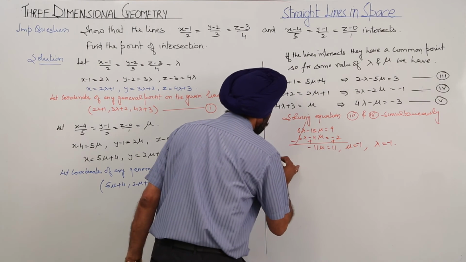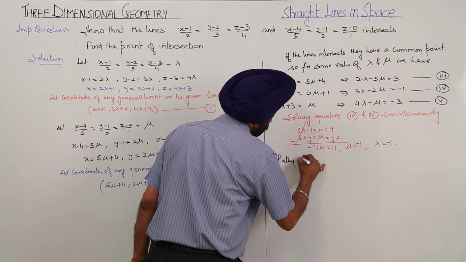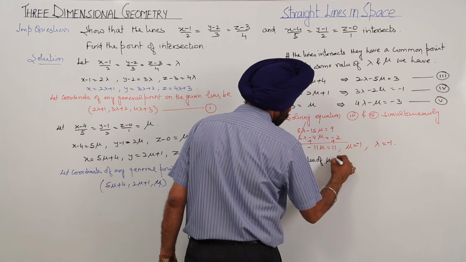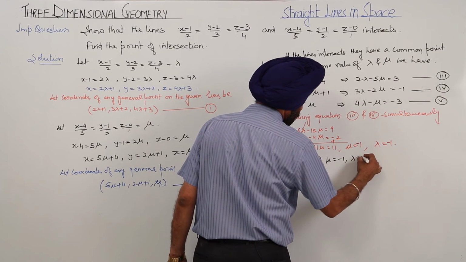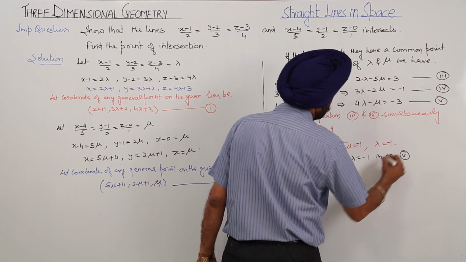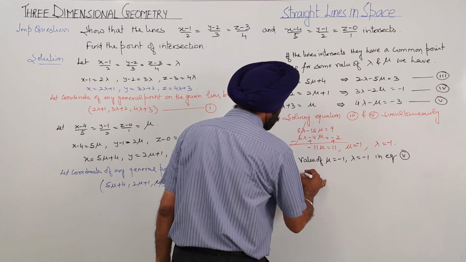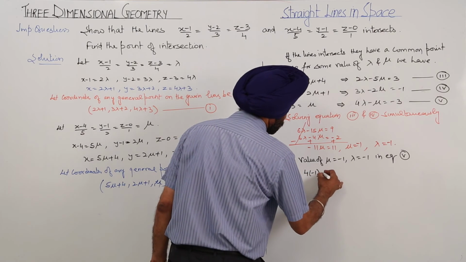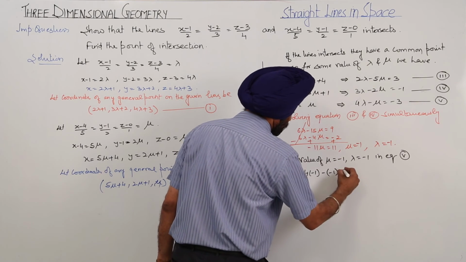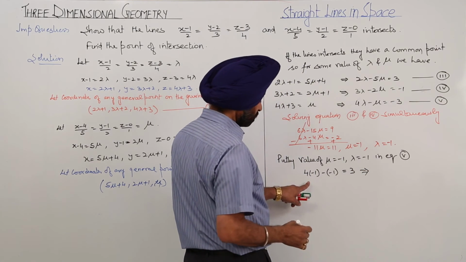Now putting the value of mu = minus 1 and lambda = minus 1 in equation 5, which is 4 lambda minus mu = minus 3, we get 4 times minus 1 minus minus 1 = minus 3.